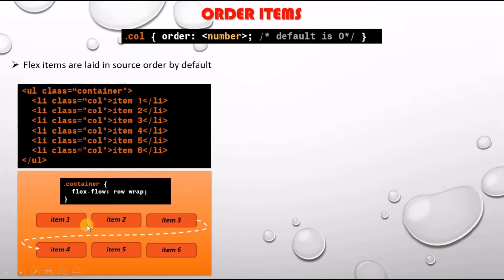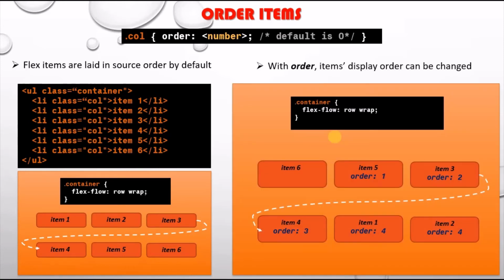Flex items are arranged in the order that they appear in the source. As we look here, we have our items, item 1 to 6, arranged in this order. So the default is that the flex items will be arranged in that source order, as we see here. But the order property can be used to change this ordering.